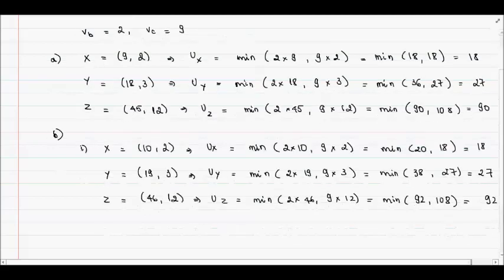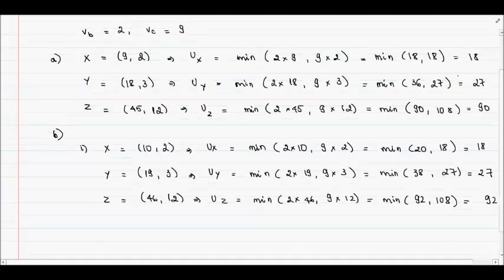Okay, so as you can see, for bundles X and Y, the utility remains the same, because they are still 18 and 27 after the increase in the bread.